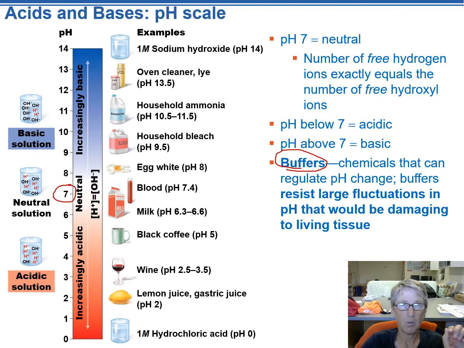So, for example, there are buffers in your blood that, if you drank 10 gallons of lemon juice, well, maybe you wouldn't do that, but if you drank a bunch of lemon juice, there are buffers in your blood that will not let your blood get too acidic. So a buffer will resist a large fluctuation in pH. That would happen if you drank a whole bunch of lemon juice. And if your blood fluctuates in pH, that could damage your living tissue.